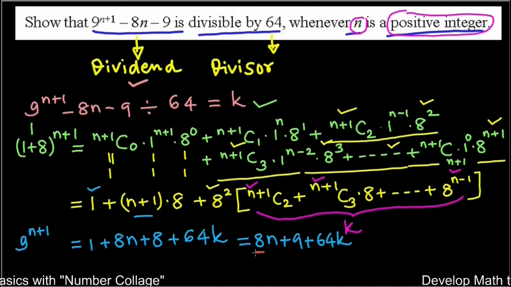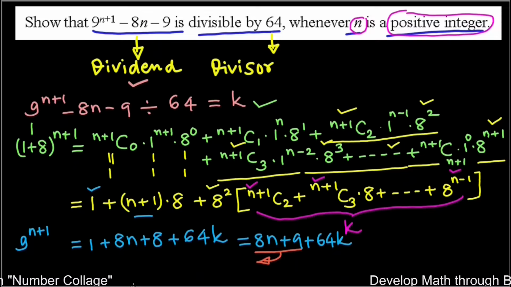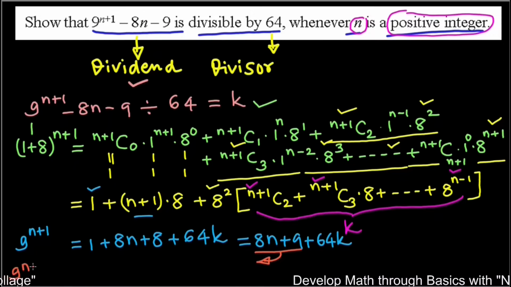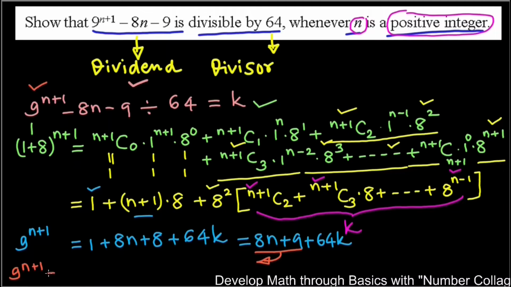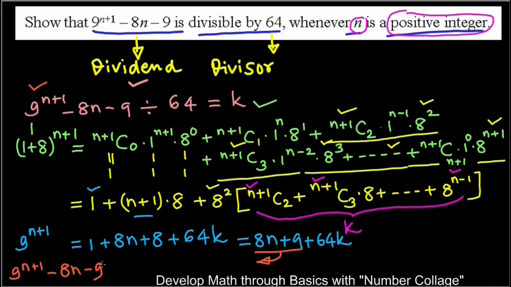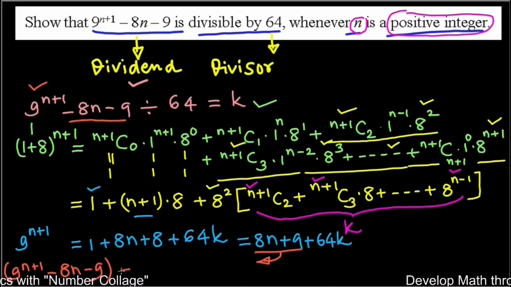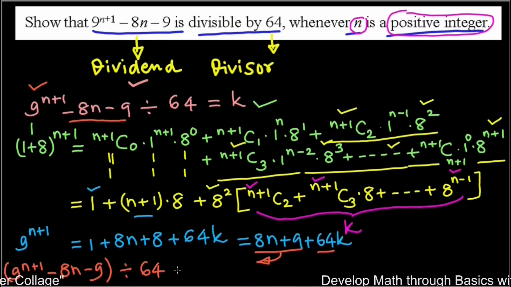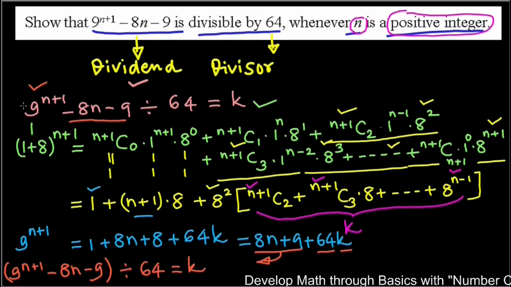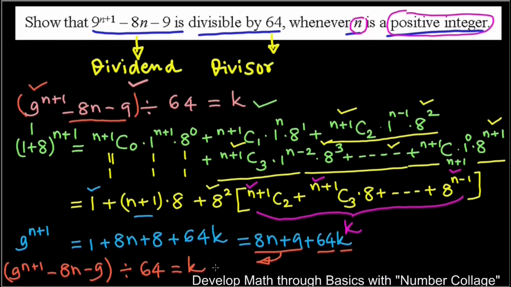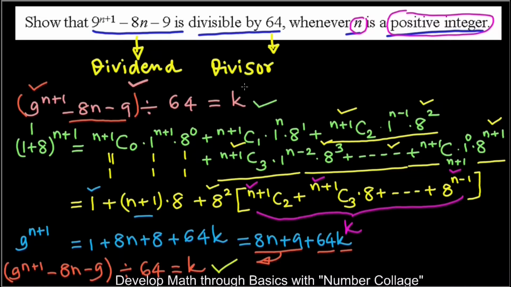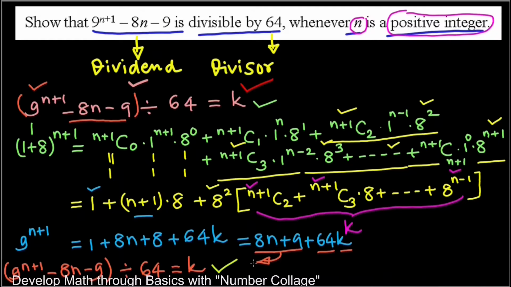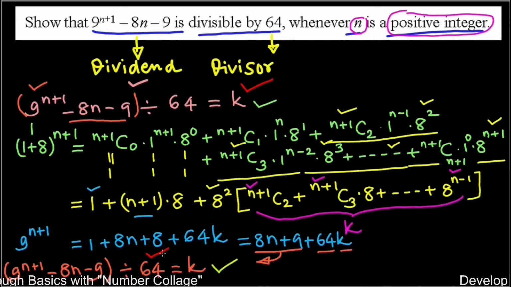We will move this 8n plus 9 to the left hand side and write 9 raised to n plus 1, which is this, minus 8n minus 9, which is this, divided by this 64 will give us this k. So this is nothing but exactly what we have to prove over here. So hence we have shown that 9 raised to n plus 1 minus 8n minus 9 is divisible by 64 for any positive integer n.